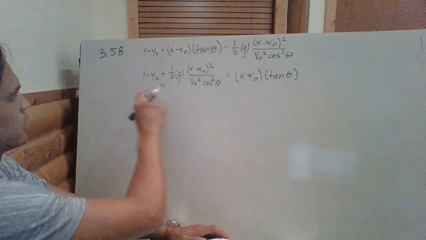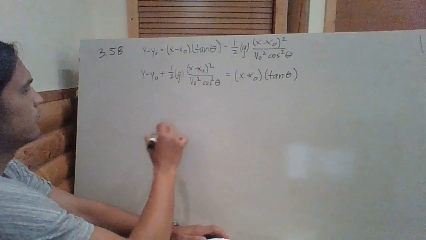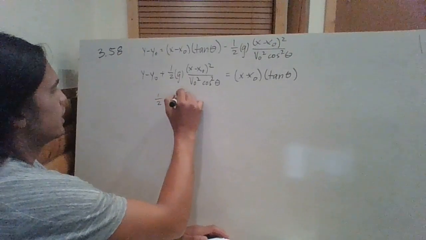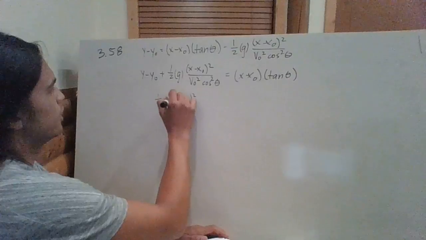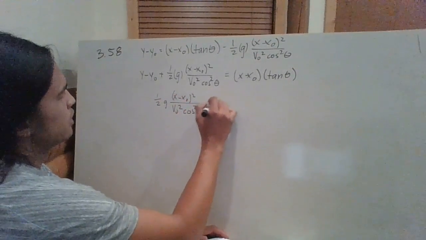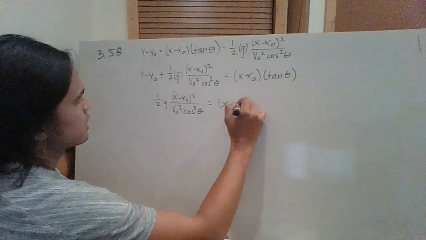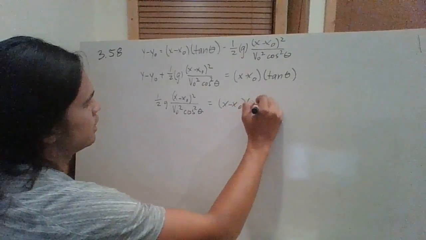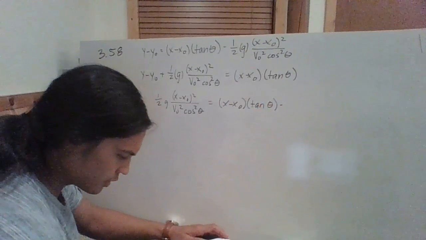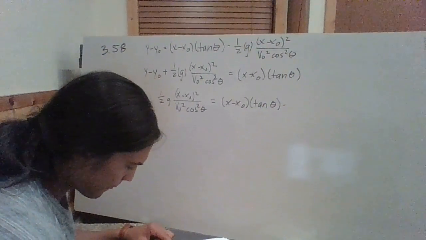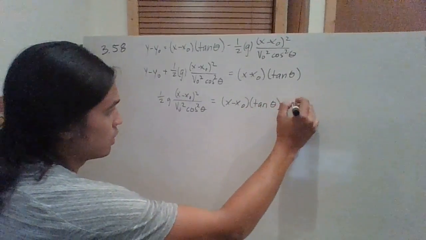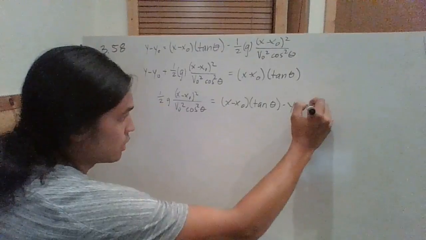Now I move the y minus y naught across, so it becomes 1/2 g x minus x naught squared over v naught squared cosine squared theta equals x minus x naught tangent theta minus y minus y naught.